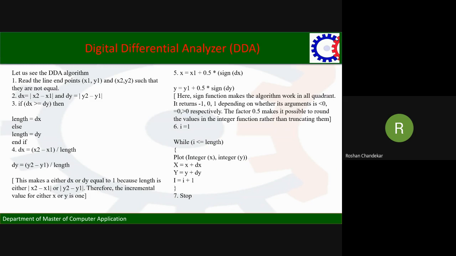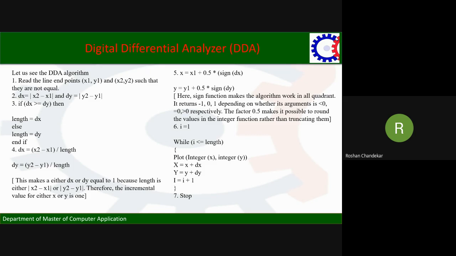Therefore, the increment value for either x or y is 1, for incrementing the value of x or y from one point.